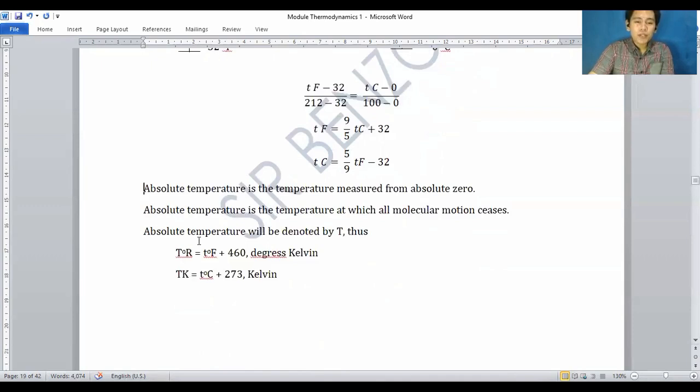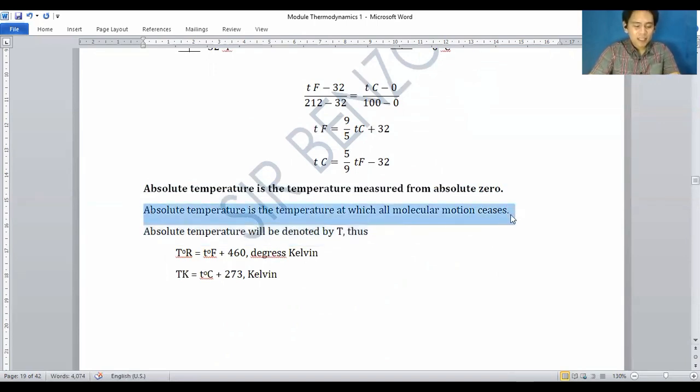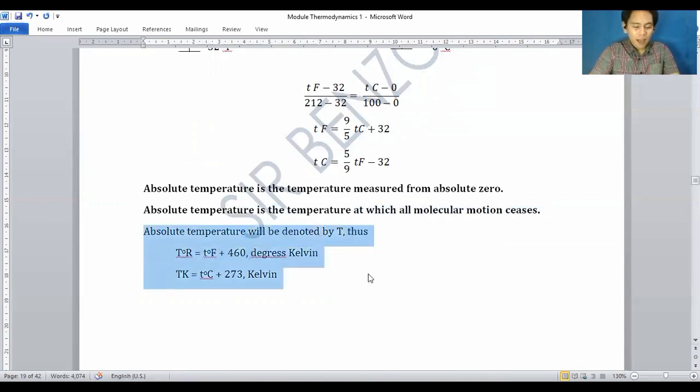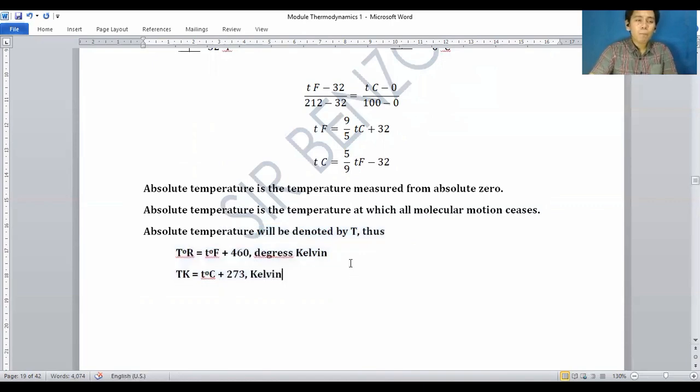Now, take note of these three. Absolute temperature is the temperature measured from absolute zero. Absolute temperature is the temperature at which all molecular motion ceases. And lastly, absolute temperature will be denoted by T. Thus, these are the derived formulas in getting an absolute temperature. The absolute temperature in the metric system is Kelvin, and the absolute temperature in the English system is Rankine.